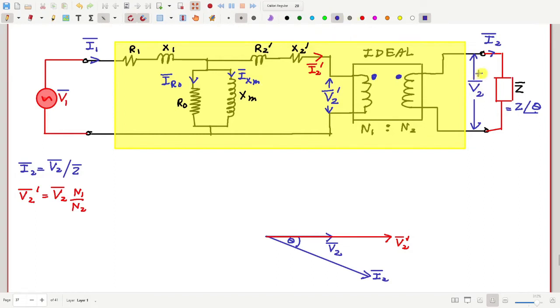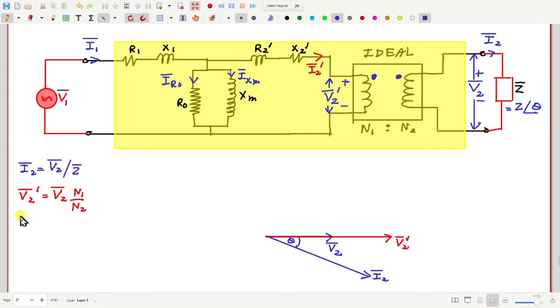Okay, so I'm assuming this as the polarity of the voltage, reference polarity, plus minus, and here also plus minus. Both the pluses for V2 prime as well as V2 are towards the respective dots. Okay, so that's why V2 prime is V2 multiplied by the turns ratio.